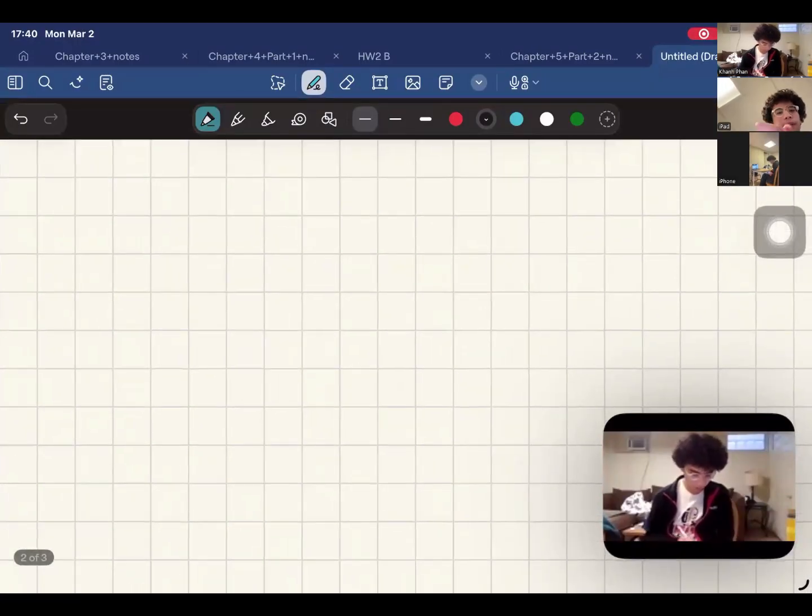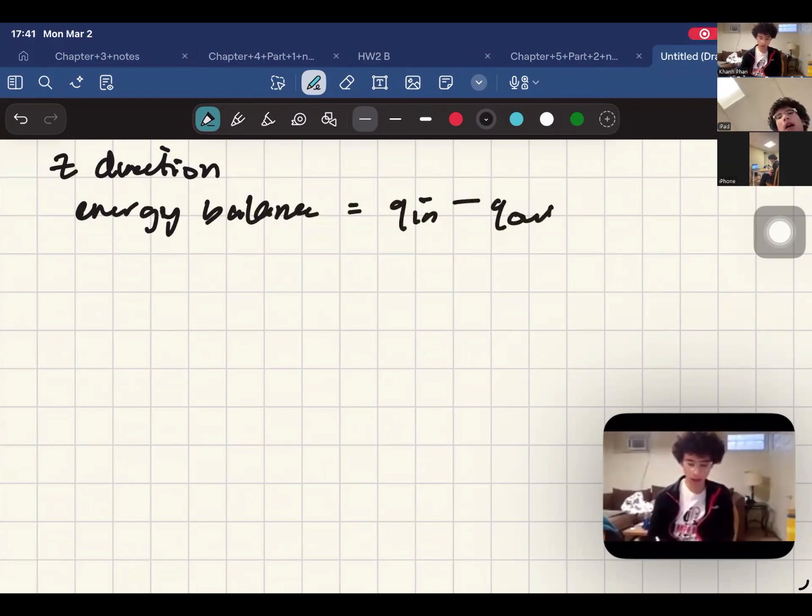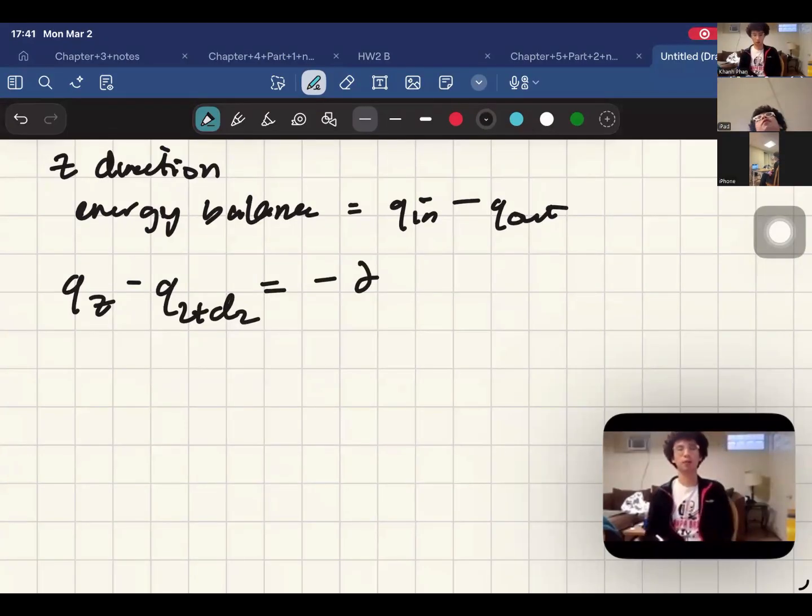So for the z direction, for example, we have the energy balance, Q in minus Q out. So Qz minus Qz plus dz is equal to negative, we have done this in our previous homework, so you can go back to the video for reference.